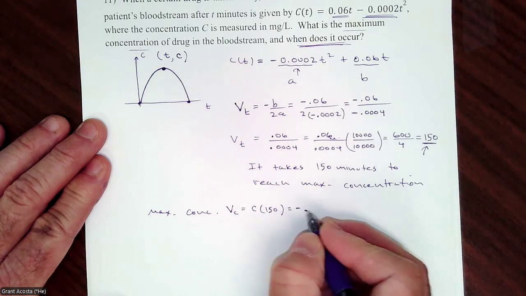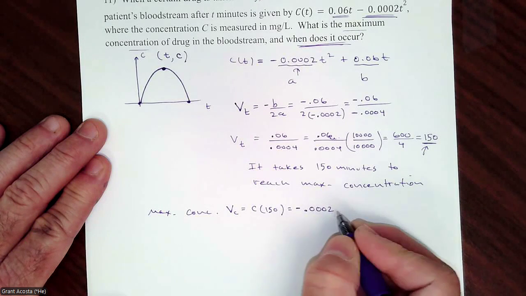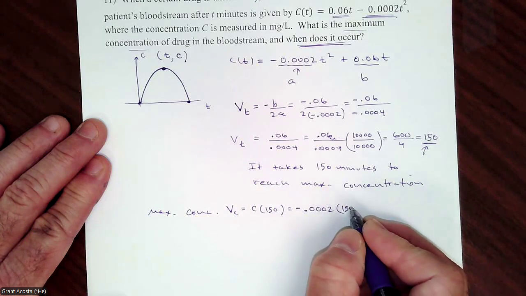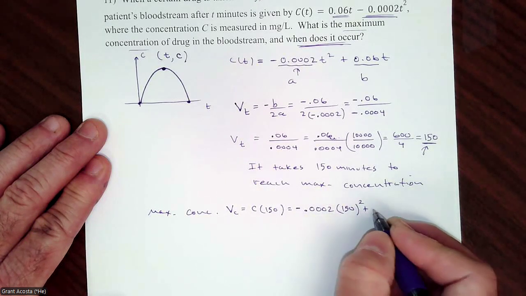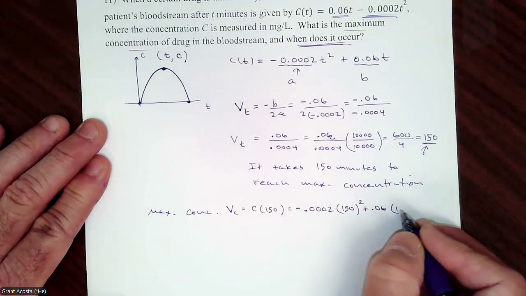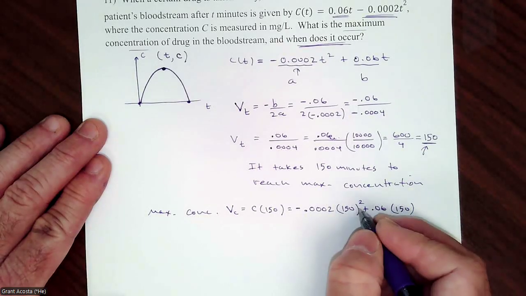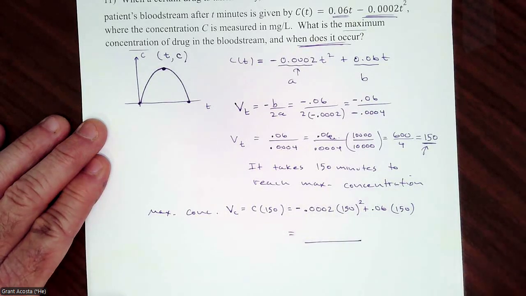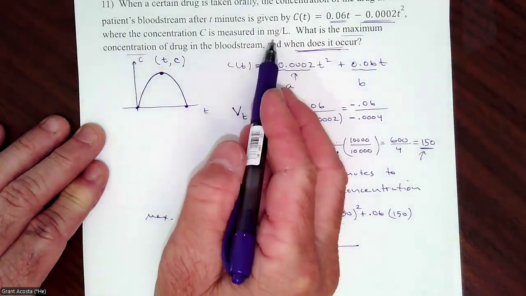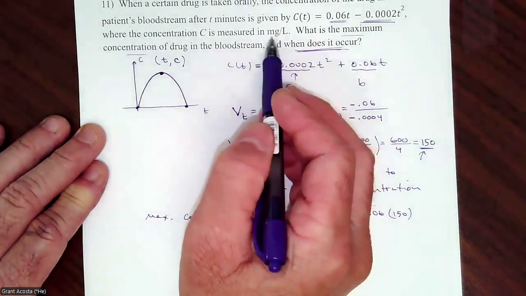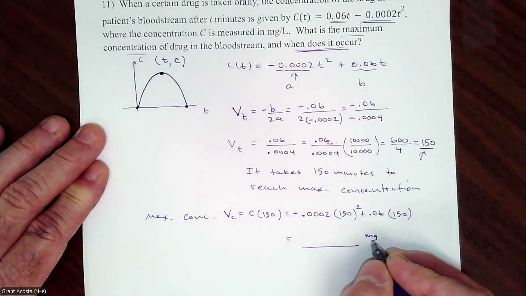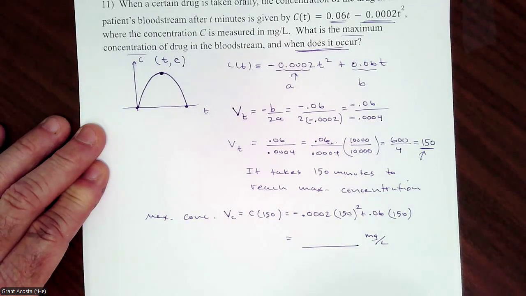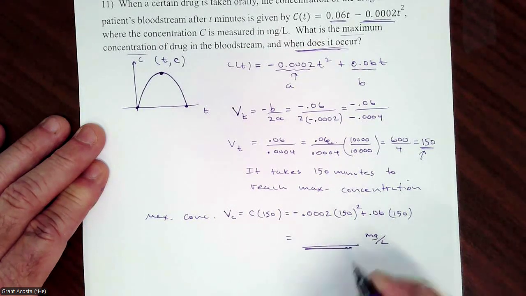So it'd be negative 0.0002 times 150 squared plus 0.06 times 150. Admittedly, that would probably need a calculator. So you reach for a calculator. I don't know what that is off the top of my head. And then just make sure you include the units, right? The concentration was measured in milligrams per liter. So this will be some number here.